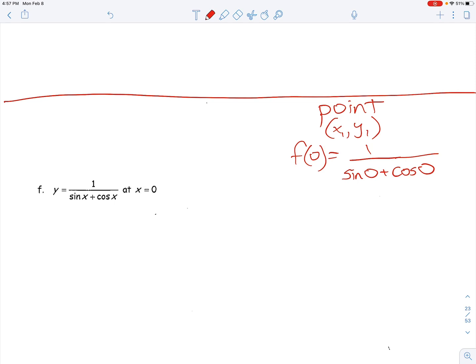The f of 0 is going to equal 1 over sine 0 plus cosine of 0. Sine of 0 and the cosine of 0 all come from the unit circle: 0 radians here, pi over 2 radians up here. We'll probably be talking more about that today.